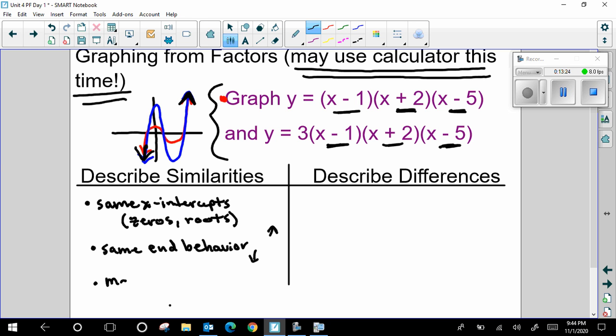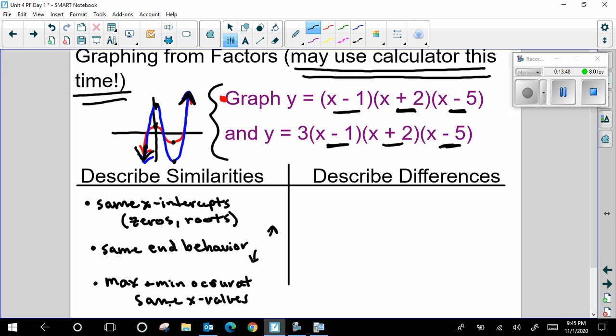And your maxes and mins occur at the same x values. So I have maxes here and here. The x value is the same, but the y values are different.